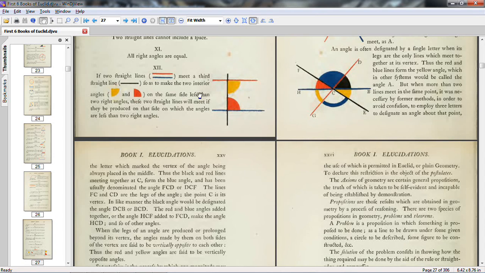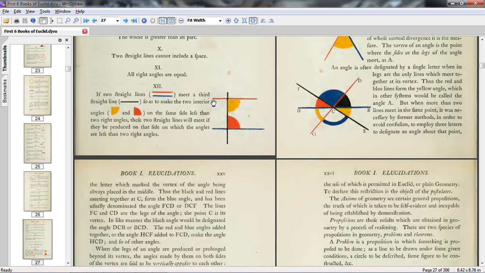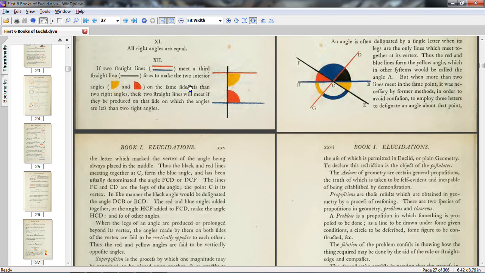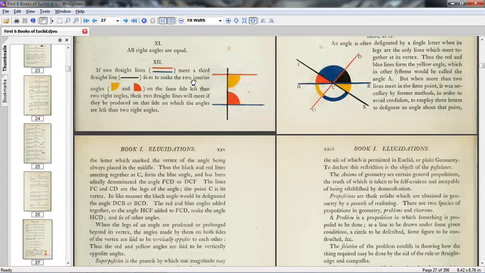People thought that this shouldn't have to be an axiom. It ought to be something that would follow from the other axioms, and it should be something that can be proved. And maybe we're missing another axiom or something, but this is something that ought to follow.